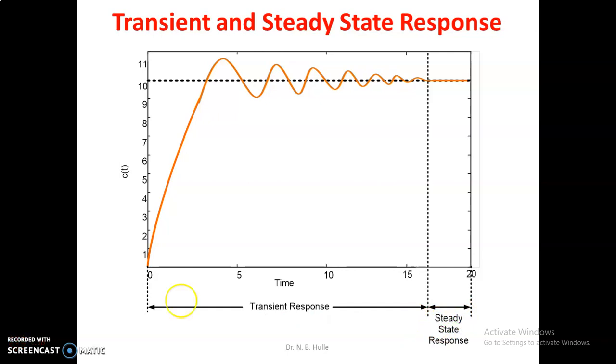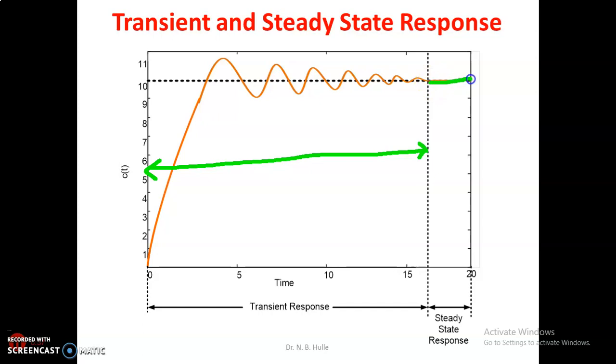During the transient response, the output is not stable and it goes through the transient period, during which the output response of the system is varying, and after certain time it comes in the tolerance band or it becomes stable.